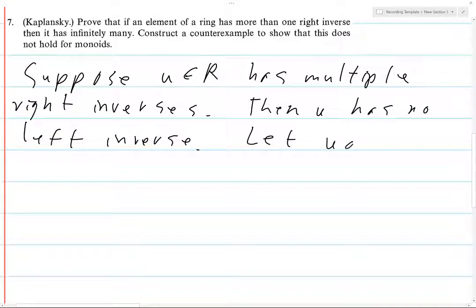Let ua equal 1. So then obviously u is not 0.